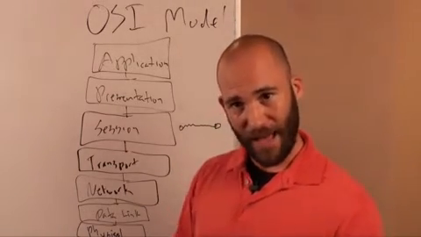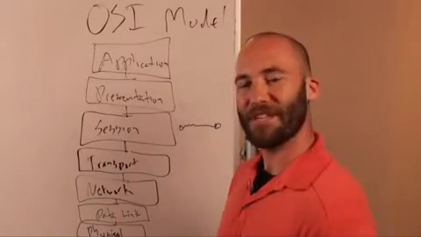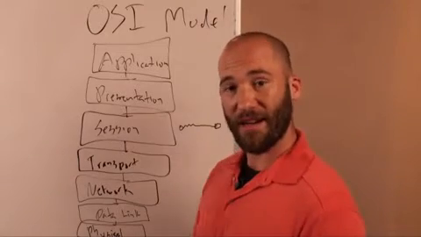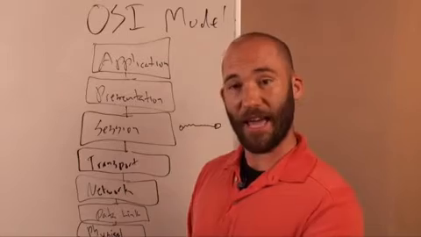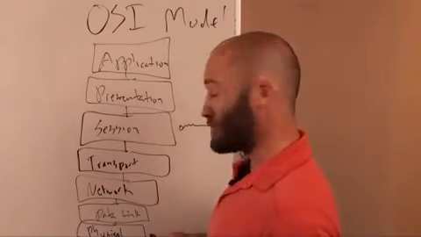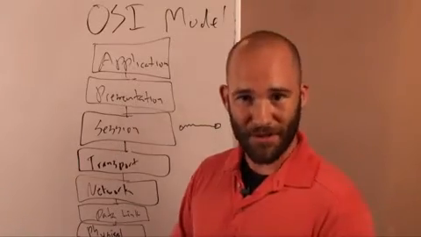So again, let me slow this down, make sure you guys understand. When you're dealing with physical layer problems, the physical layer is all the wiring and cabling. So if a patch cable gets unplugged, that's a physical layer problem. There's no fancy configurations here. There's no DOS prompts. There's no Linux prompts.